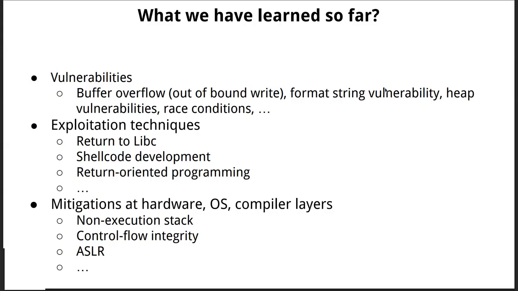Those gadgets are not even necessarily emitted by the compiler. They could be some random data bytes in the memory, and the CPU can interpret them as valid instructions, right? You also learned how to mitigate those kinds of attacks at the hardware, OS level, and also compiler levels, from non-executable stack to control flow integrity to address space layout randomization.